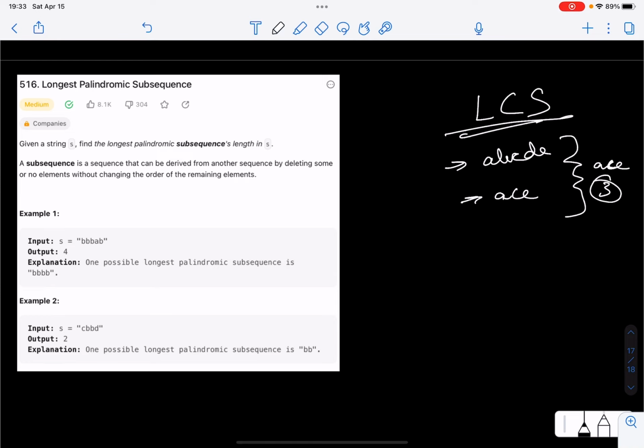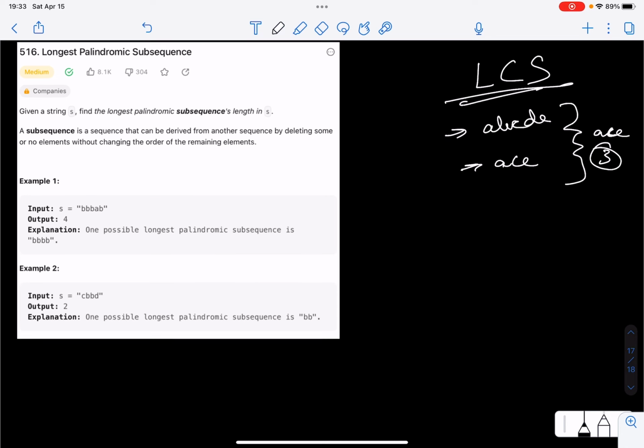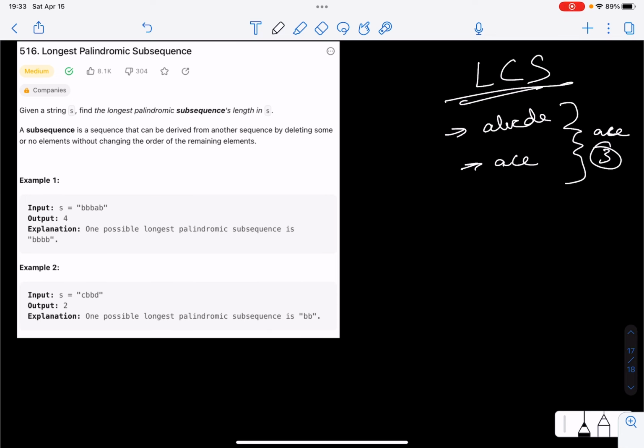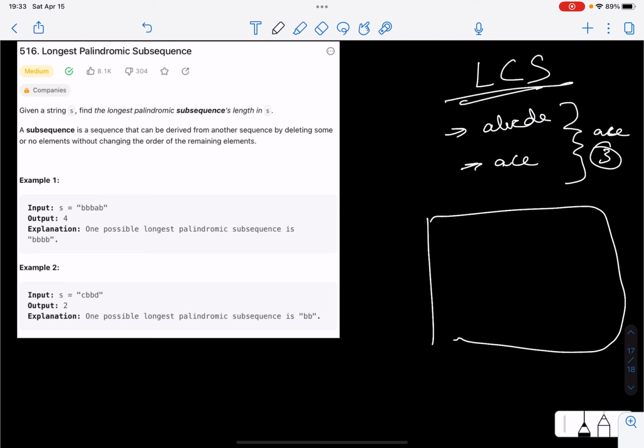So the answer would be 3. That's its length. The way we solved that question was we had a 2D grid. On one side we had A, B, C, D, E. On the other side we had A, C, E.